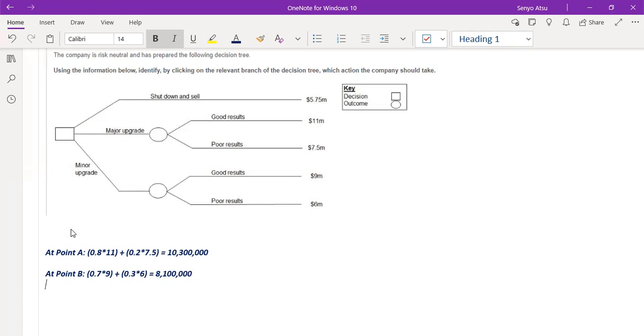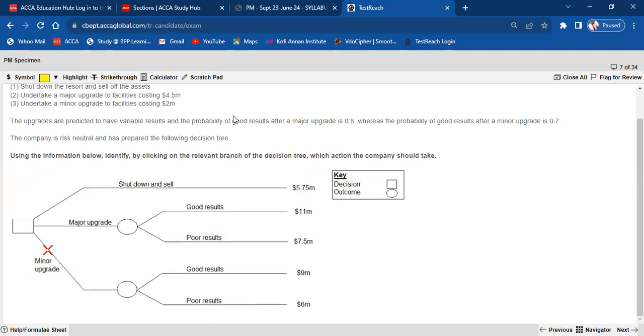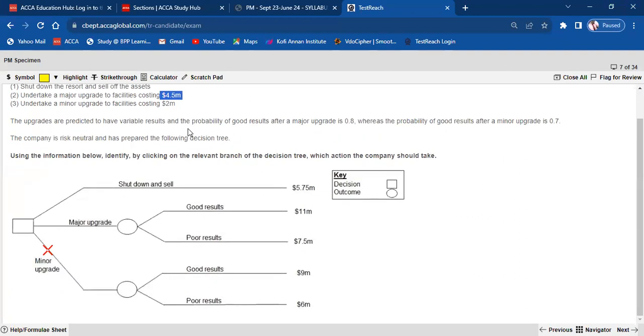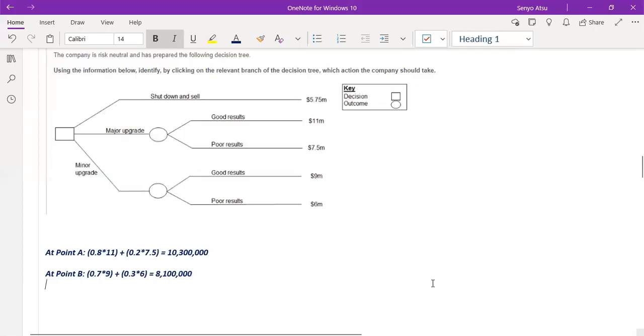Question says the major upgrade is going to cost 4,500,000. So if there's a major upgrade, at point A, 10,300,000, but the cost is 4,500,000, we are left with 5.8 million net benefit.